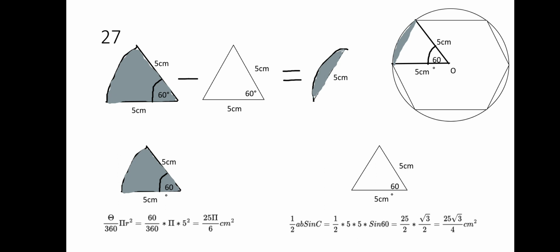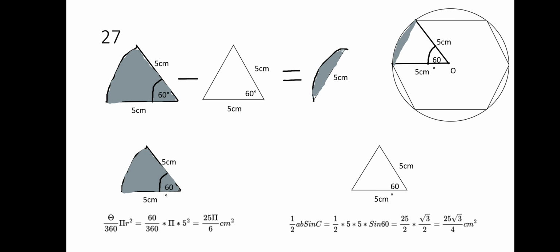Question 27. The vertices of a regular hexagon lie on a circle with center O and radius 5. Work out the shaded area. Okay, so to work out the shaded area, it's better to appreciate this as the subtraction of two shapes.